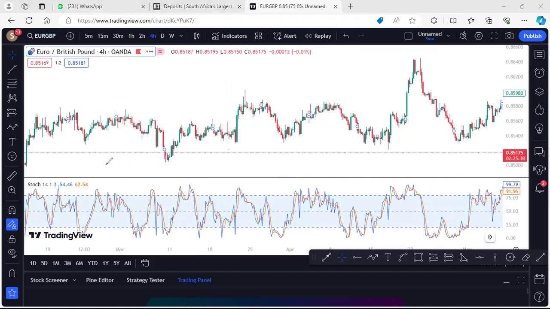What do we mean by that? If the price has been selling, it will run out of sellers, and then it should correct itself to an equilibrium level. When the sellers run out, we call it oversold. Then the buyers will take over.